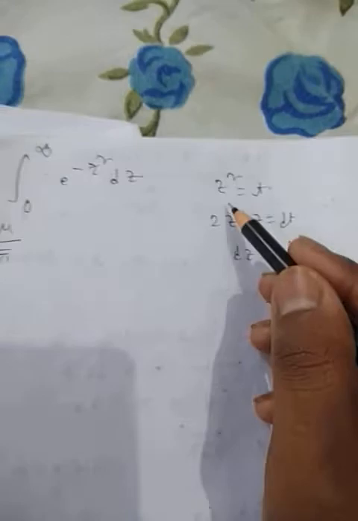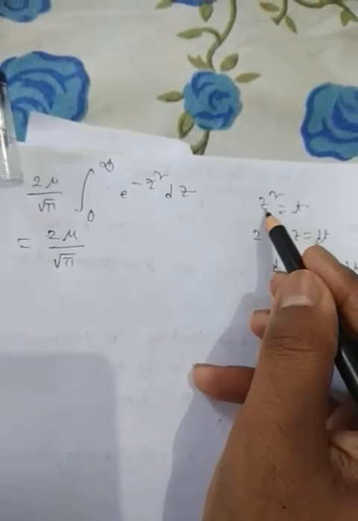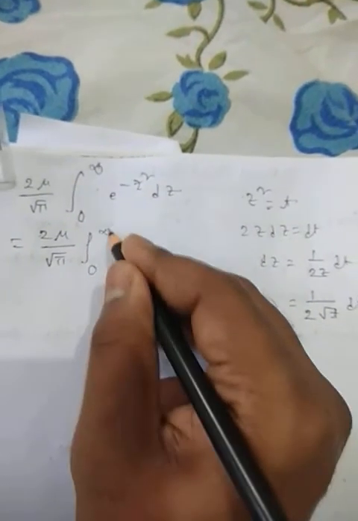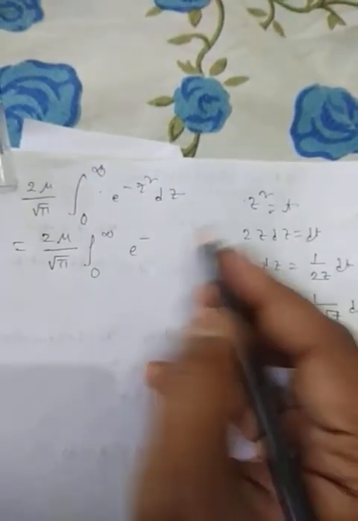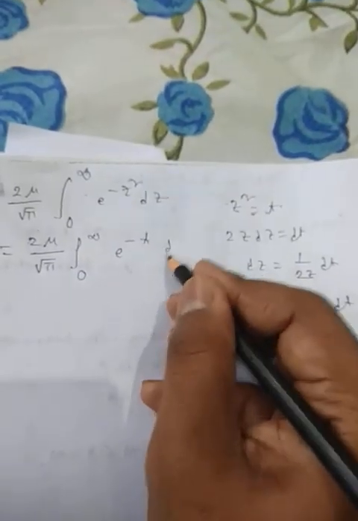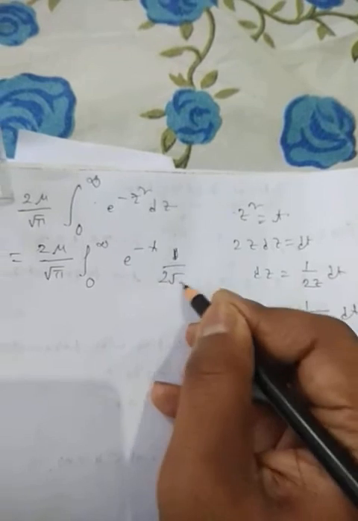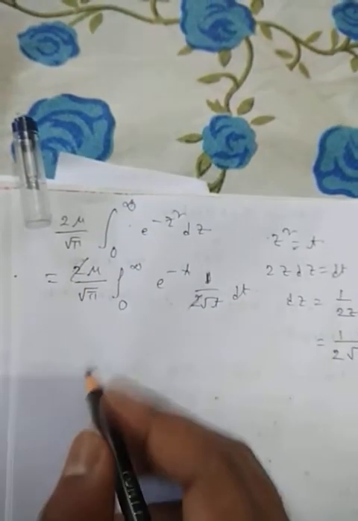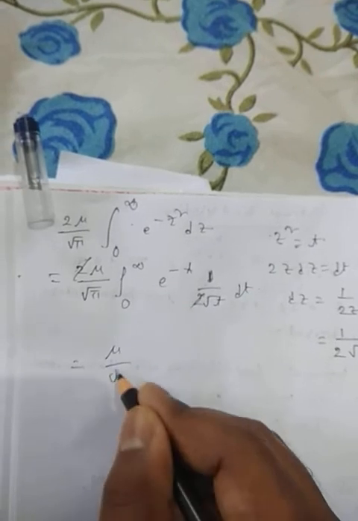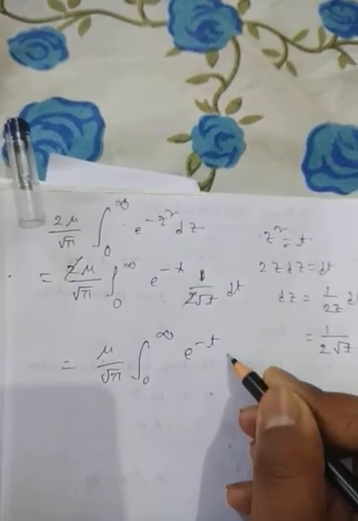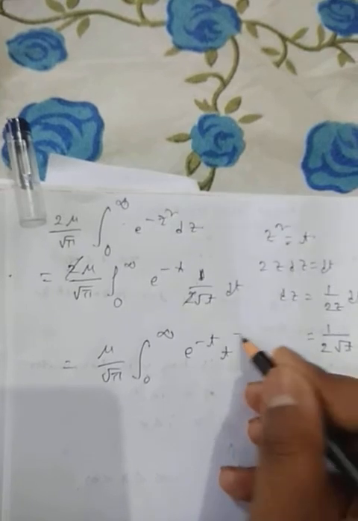For the limit, if z equals 0 then t will be 0, and if z is infinity then t will be infinity, so the limit remains the same. Integration 0 to infinity of e to the power minus t, and dz is 1 by 2 root t dt. Now 2 is cancelled out, and the remaining part is mu by root pi, integration 0 to infinity of e to the power minus t, with 1 by root t written as t to the power minus half dt.